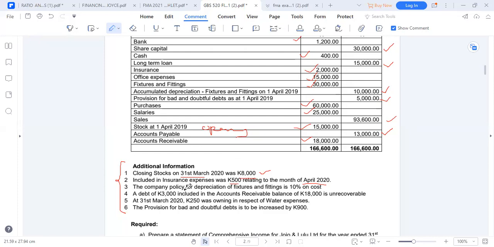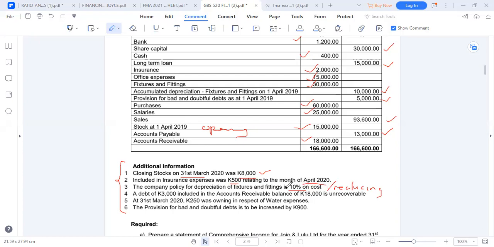So we go to another one. The company policy for depreciation is 10% on cost. Now this 10% has been calculated as depreciation. There are two types of depreciation that you will need to expect. One is on cost, sometimes on reducing balance. Every year there's depreciation that is calculated.